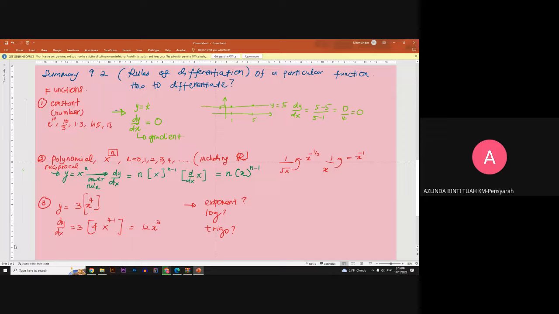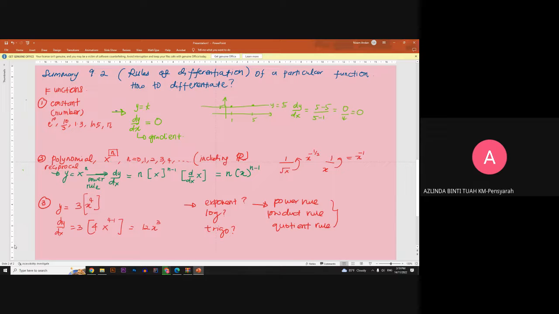Okay, dah tahu macam mana nak differentiate each one of the function, barulah kita boleh apply power rule, product rule, quotient rule. So inilah 3 formula ataupun 3 rule yang sangat-sangat penting yang dia akan keep on asking dalam exam.